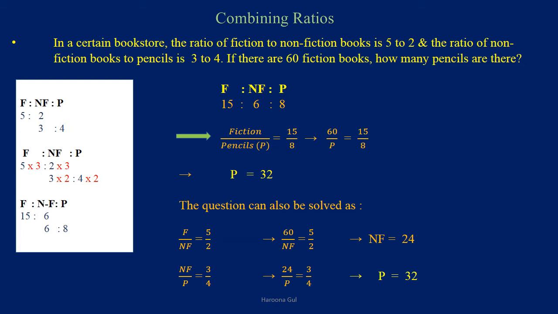Now this question requires some rough work in order to fully understand the concept of combining ratios. If you look at the left side of the slide, you will see that the ratios of fiction to non-fiction to pencils are mentioned. That is, the ratio of fiction to non-fiction is 5:2 and that of non-fiction to pencils is 3:4. We are simply going to equate the ratios, and that we can do by equating the ratios of non-fiction books.